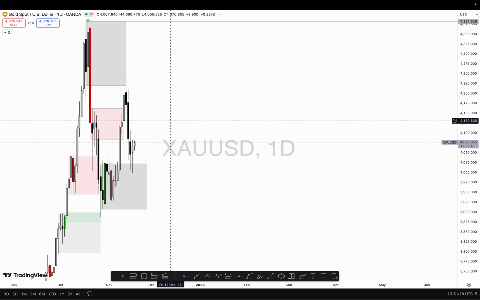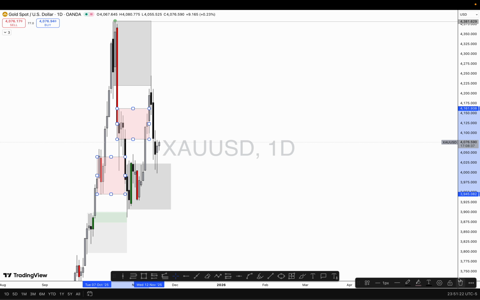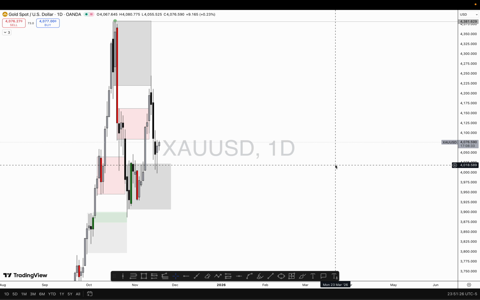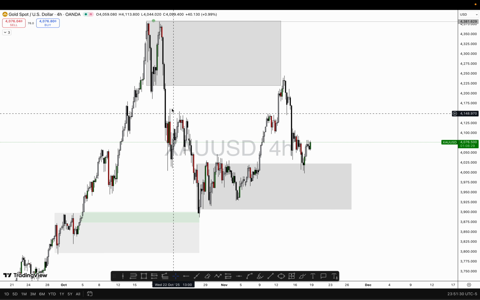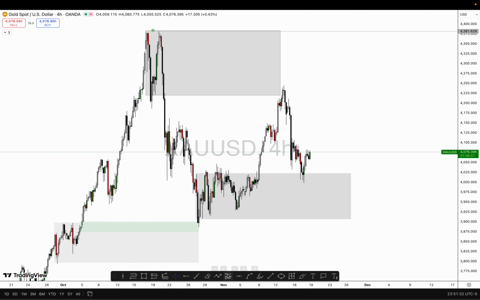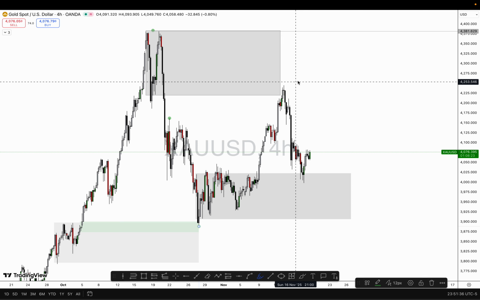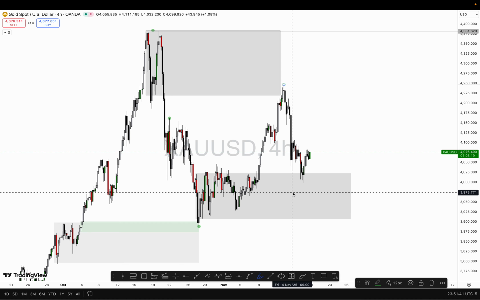Let me just clean up these daily zones in the meantime. So once we took out this level right here, the 4-hour trend became bullish, right?